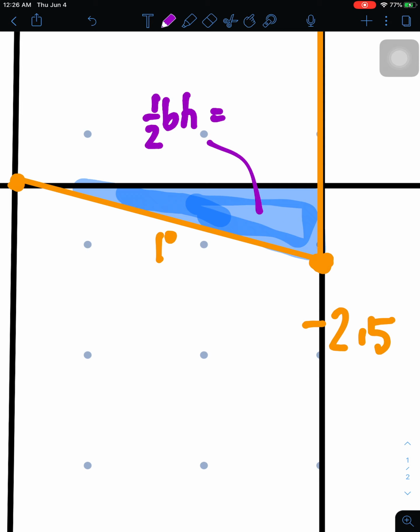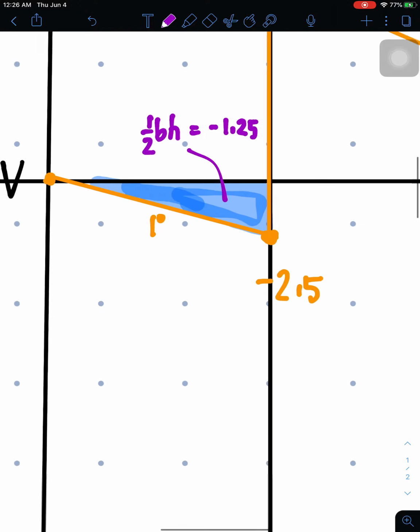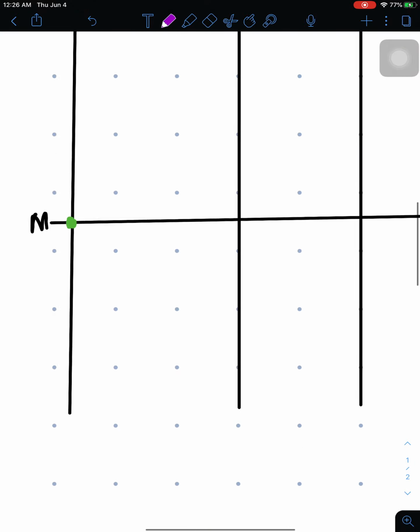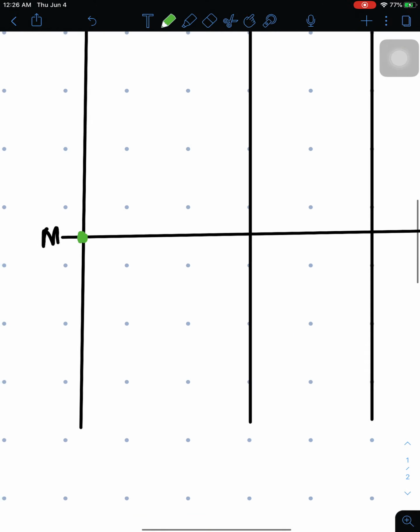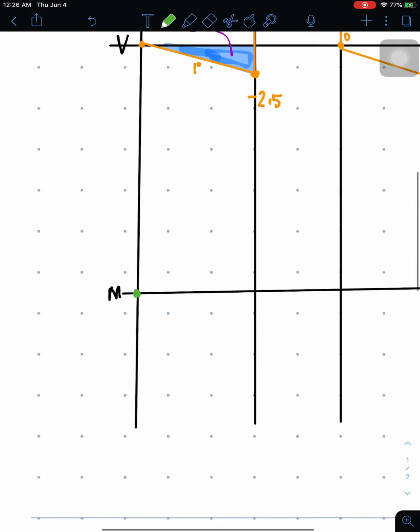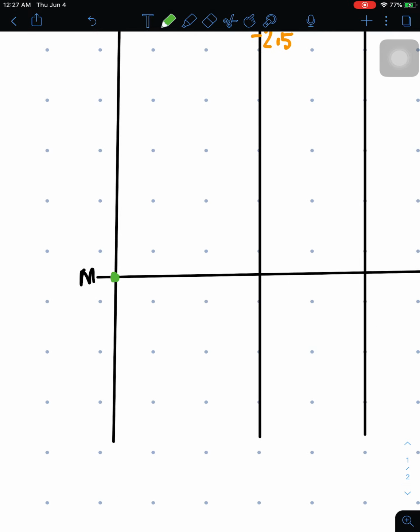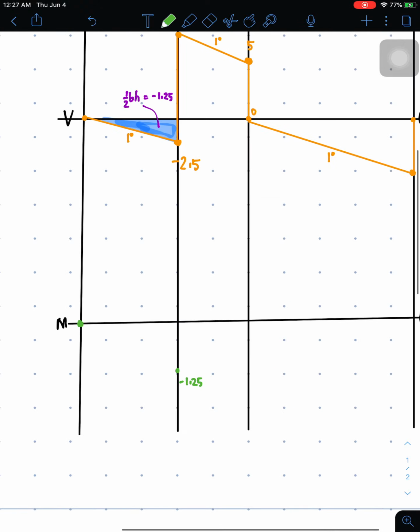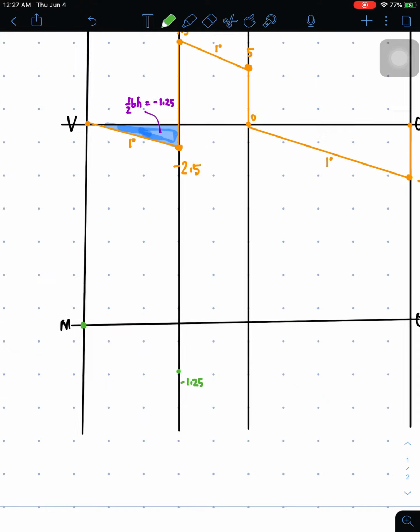So 1 times 2.5 times 0.5 or 1/2. And do not forget that this is negative 1.25. So that is to be subtracted from 0. Okay, so that would be 0 minus 1.25. So I'll just place here the negative 1.25. So again, in every line, kausara ta mo agi sa atong moment.